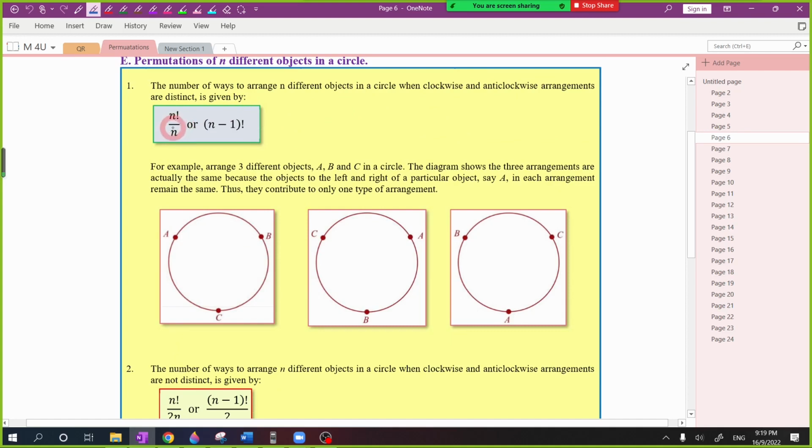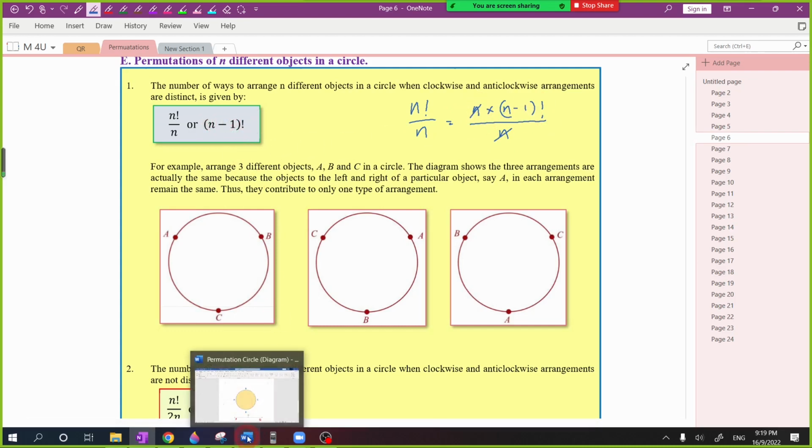So why do we need to divide by n? n factorial divided by n is equal to n times (n minus 1) factorial divided by n, so it cancels, and you get (n minus 1) factorial.